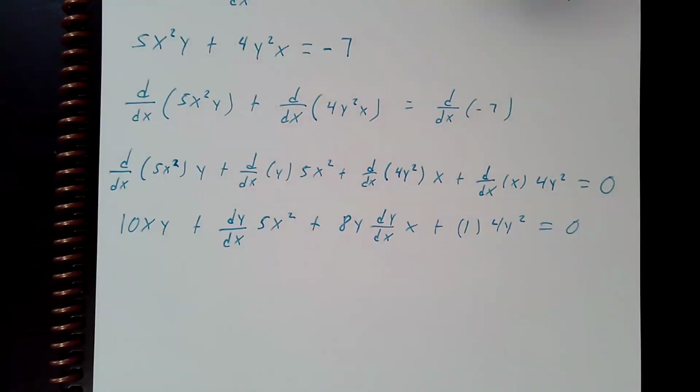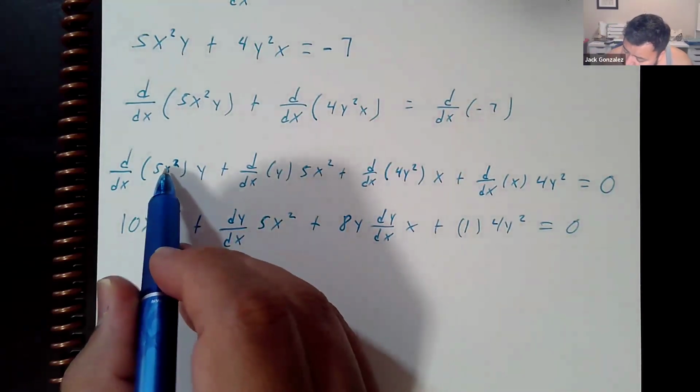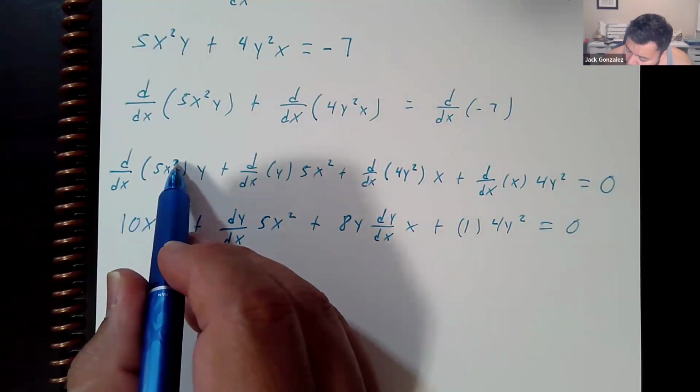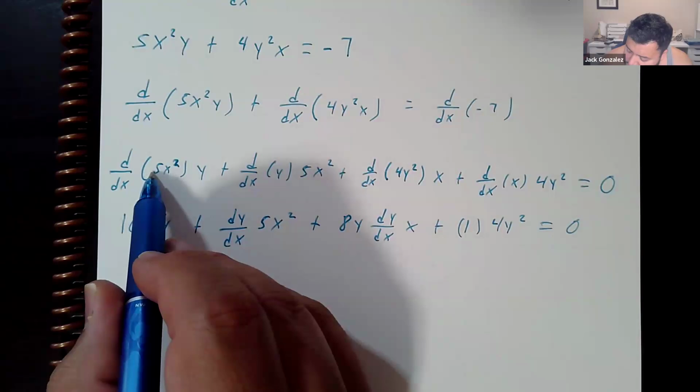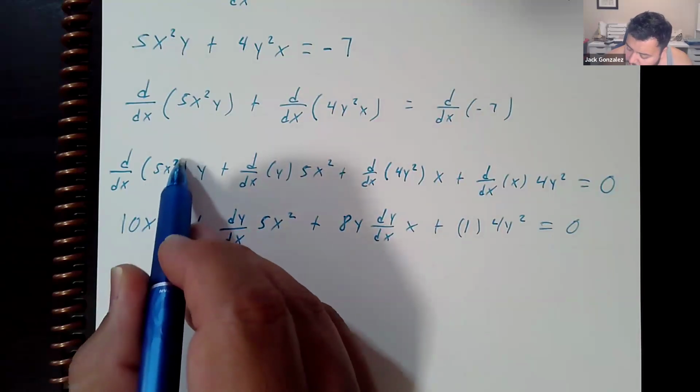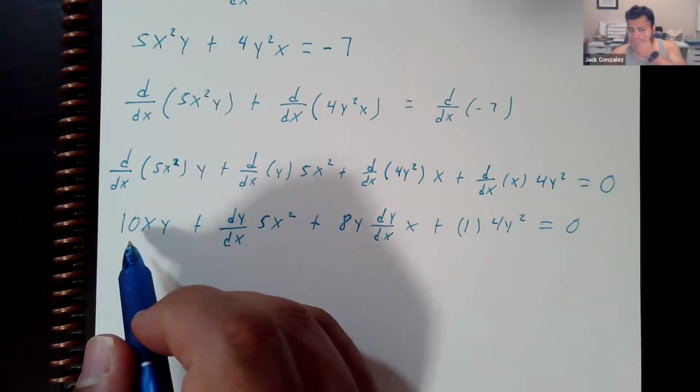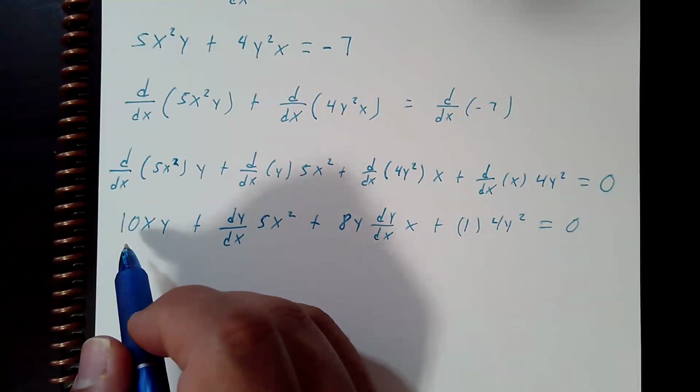How do you get the 10 and the 8 in this part of it? Okay, so derivative of 5x squared, this one, you have to bring the 2 down, right? So 2 times 5 is 10, and then you subtract the 1. Do you remember the power rule?